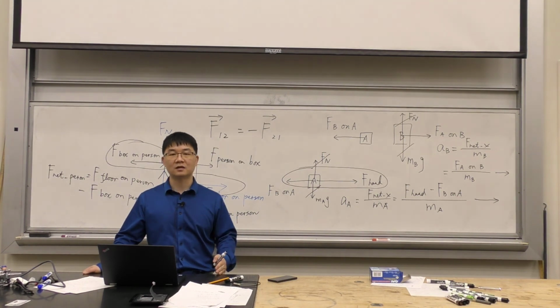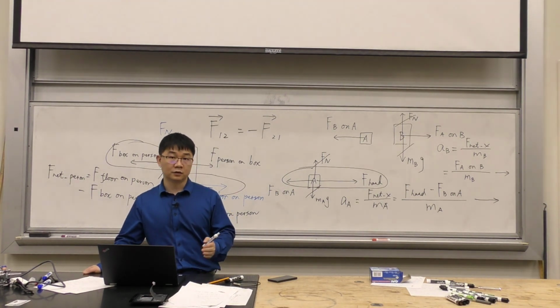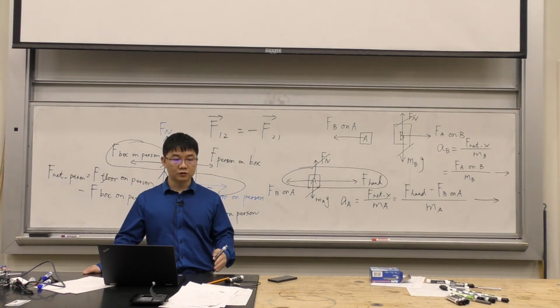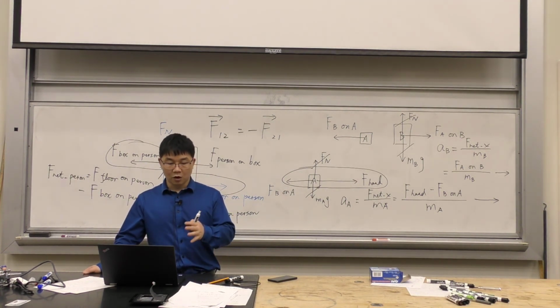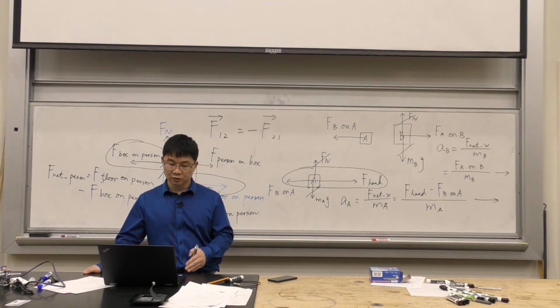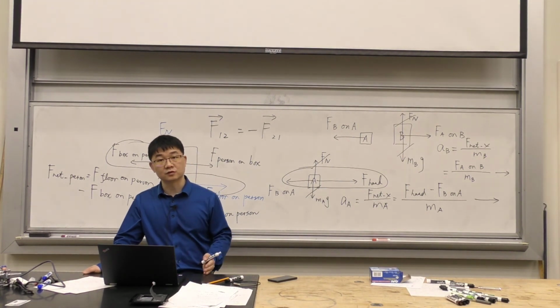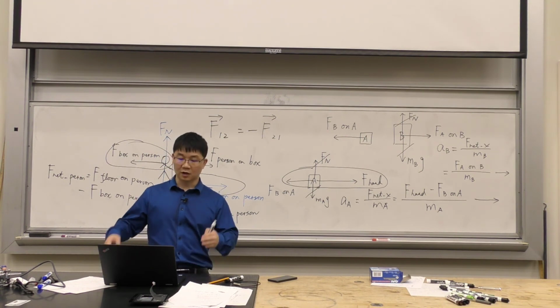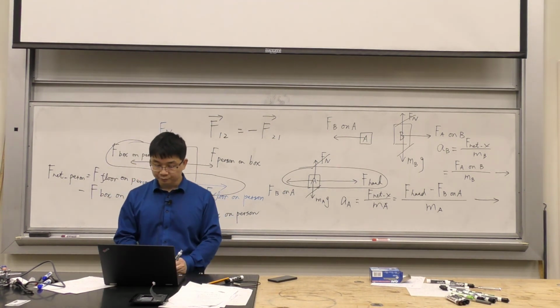That's why they're going to balance out on an object. Action and reaction, we learned, are also equal. So sometimes, once people have learned Newton's third law, they tend to confuse action and reaction with balance forces. So don't confuse them with each other. They're different. Now we're going to discuss the difference between them.